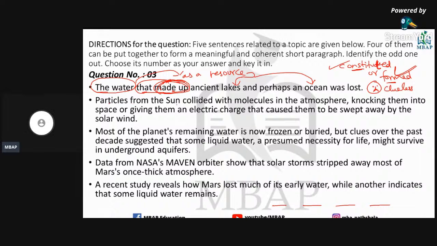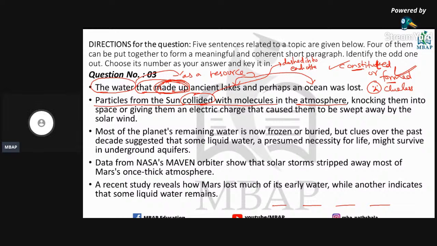Particles from the sun collided with molecules in the atmosphere. Guys, observe this. What is the meaning of the word collided? Collision, right? They come and dash into each other. Collided means dashed into each other.